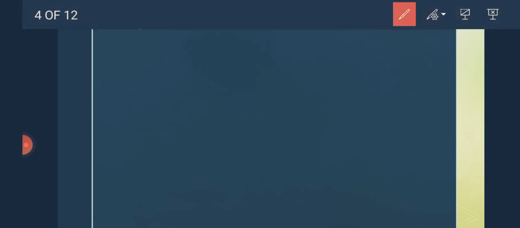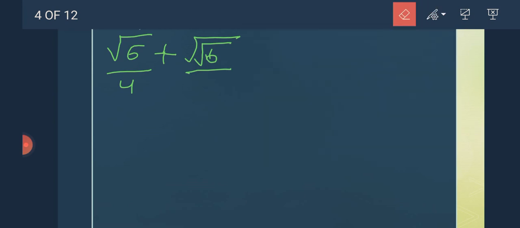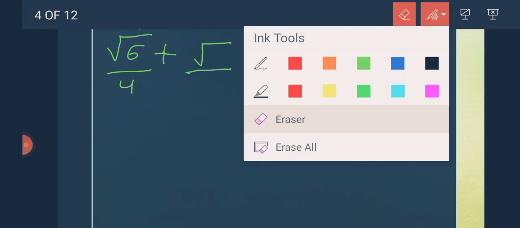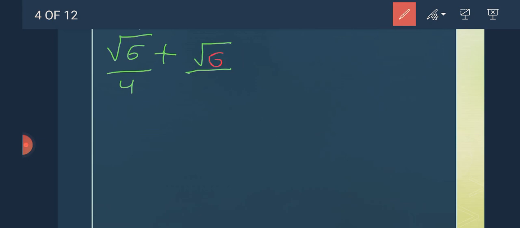Over here we will write it as root 6 by 4 plus root 6 by 3.